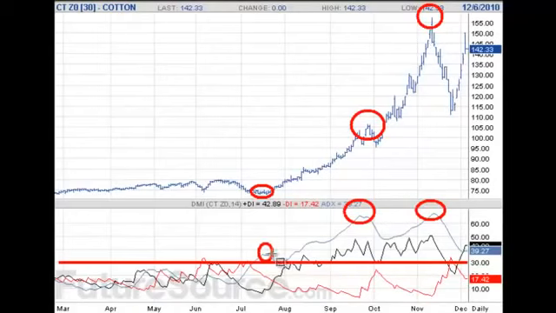But all I want to point out here are these areas when the ADX, this blue line, gets above 30 and hooks down, how we tend to have some pretty decent turning points in the market. Now over here it did turn down, and it was kind of a false hook down because a week or two later we went to new highs.